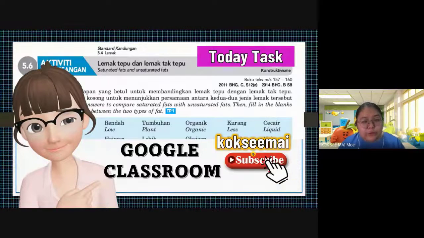Just like the Google Form you did before, you submit, then you help me do one more step: you go to turn in. Then you know how many students have already done the exercise and the test. Two steps to finish: turn in and also submit.